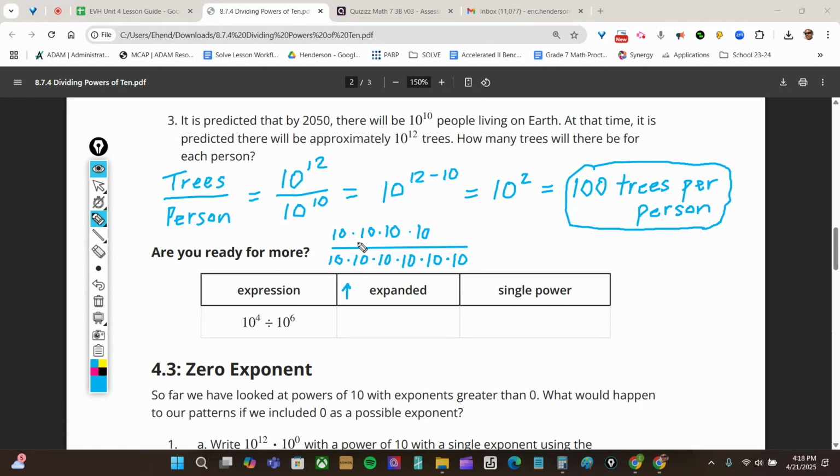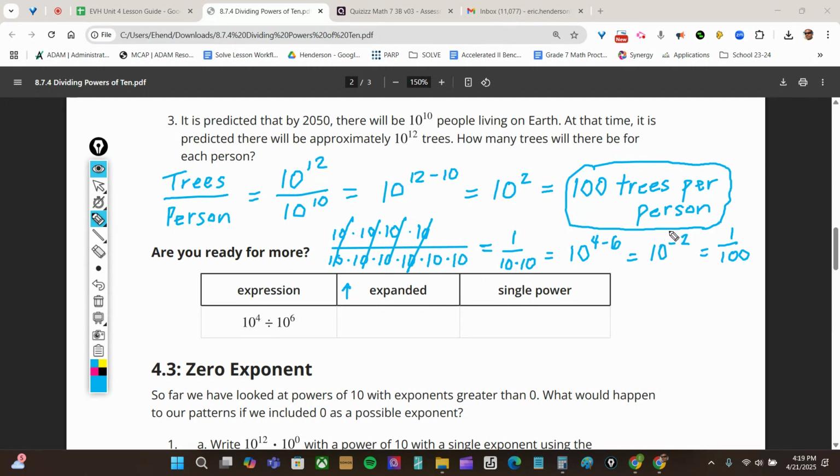All right, and so then these are going to cancel, and that's going to leave us with 1 over 10 times 10, which equals 10 to the 4 minus 6, which equals 10 to the negative 2, which equals 1/100th. Like that.